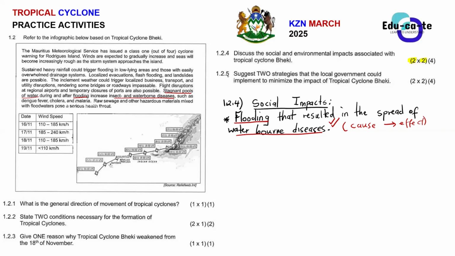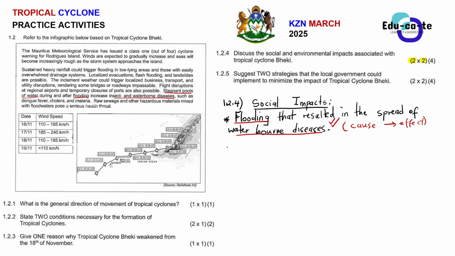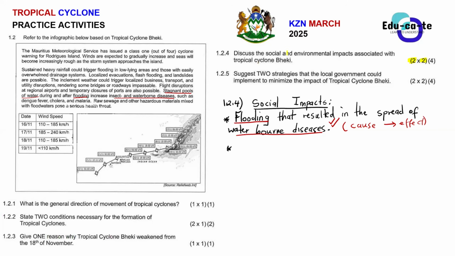Okay, let's hear from the next person, Mpho. The flooding may lead to droughts, which would lead to reduced sanitation. Okay, but remember we need to be specific, because they say here these are the social and environmental impacts associated with tropical cyclone Peggy.